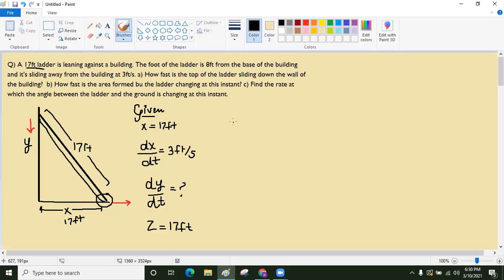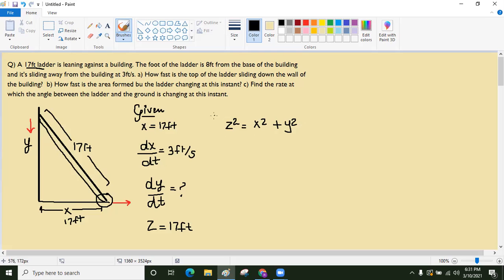So somehow to relate all these components, we can use the Pythagorean theorem, which says that z squared equals x squared plus y squared. So this relates what we want with what we're given. And you may be curious because you're saying that, well, we want dy over dt, we don't want y squared.